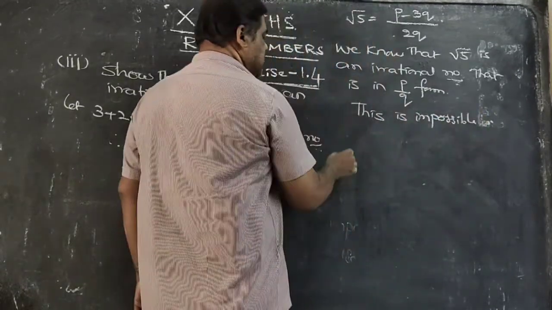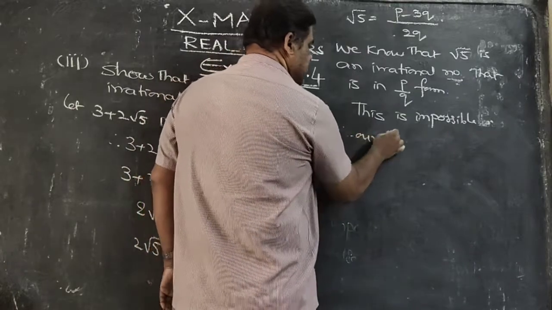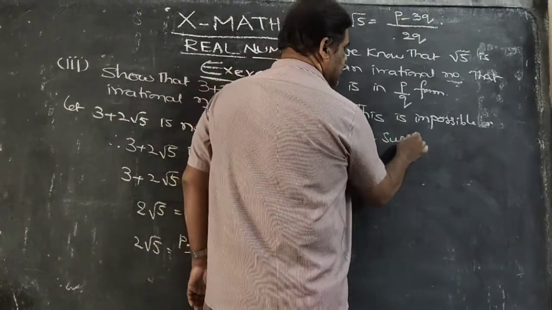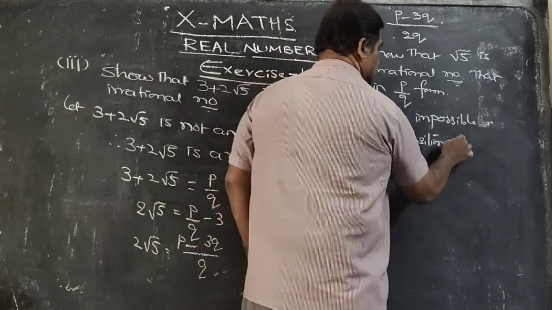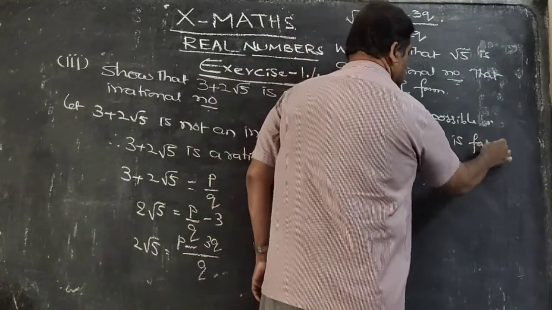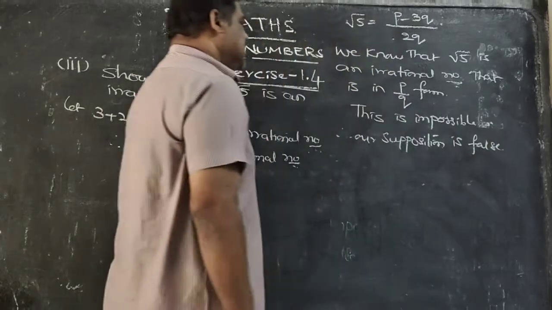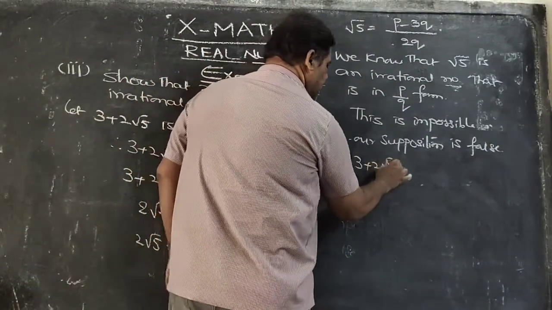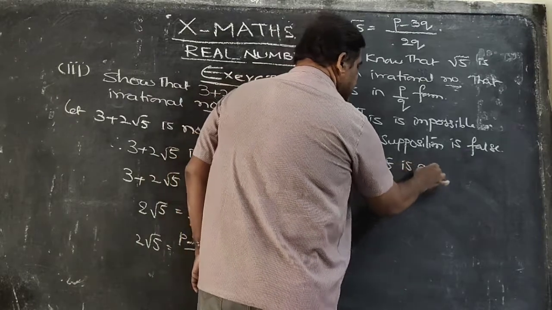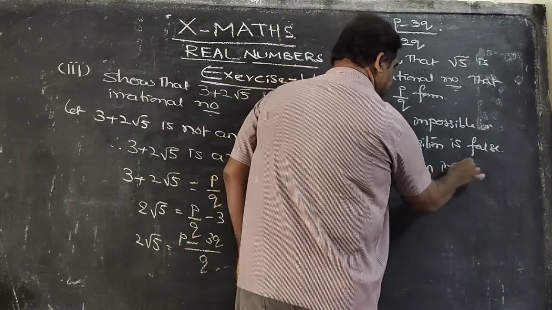If it is impossible, therefore our supposition is false. If our supposition is false, then what is correct? 3 plus 2 root 5 is an irrational number. This is the correct one.